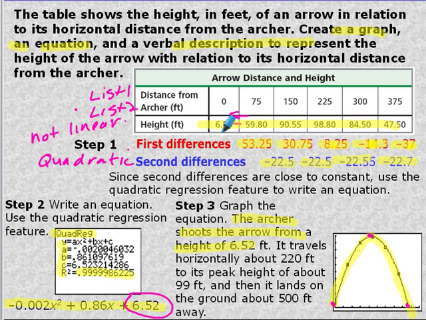It travels horizontally about 220 feet to its peak. So again, they figured out that 220 and what is it, 98, 99. 99 is our vertex point or our maximum. And then it lands on the ground about 500 feet away.